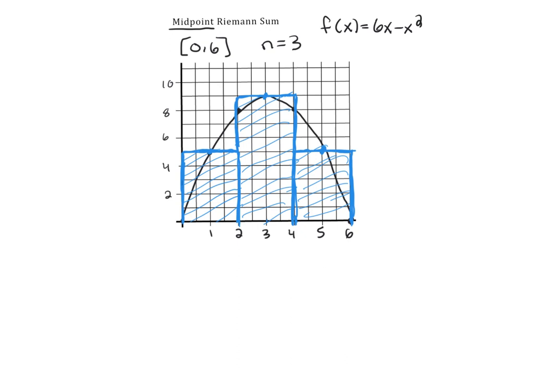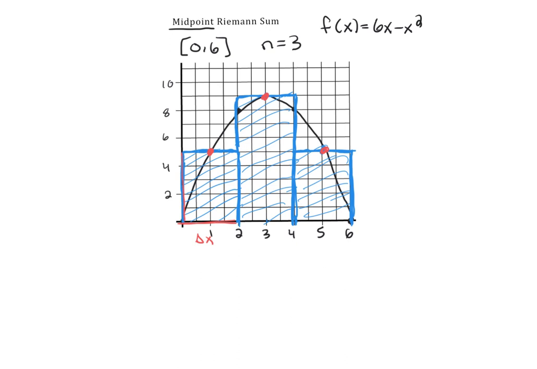So finding the dimensions of our rectangles, change in x this time is 2, and then our function values are at f of 1, f of 3, and f of 5. That's the height of our rectangles.